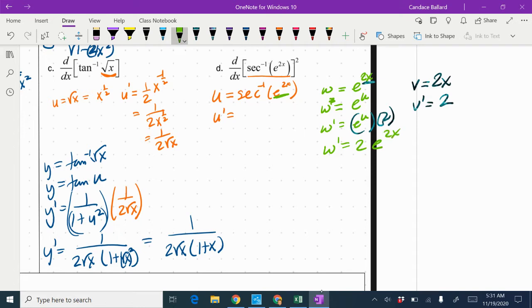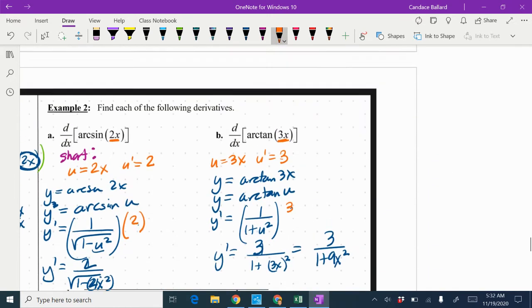I'm going to go backwards in the chain again. So my original chain is secant inverse, I'm just going to rewrite it as secant inverse of u. So not of u, of w, because that's what we turned it into, of w. All right, so I'm going to go to my formula now and take the derivative of that.